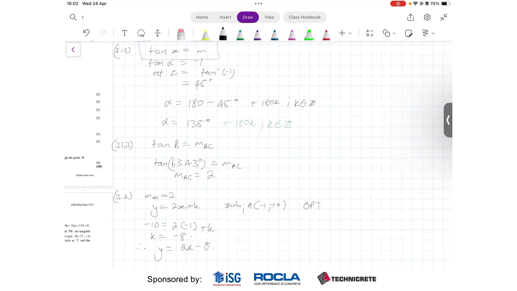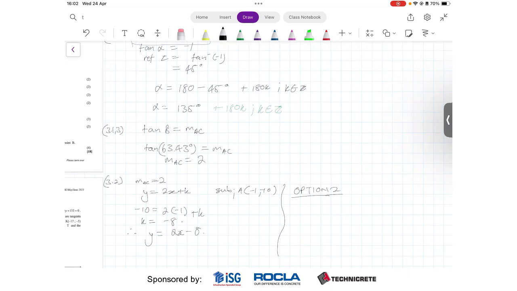Or another option you could use to solve this question, you could use the formula that tells you that y minus y1 is equal to 2 times x minus x1. This is the formula of a straight line. Some people are a bit more comfortable with working with this formula.